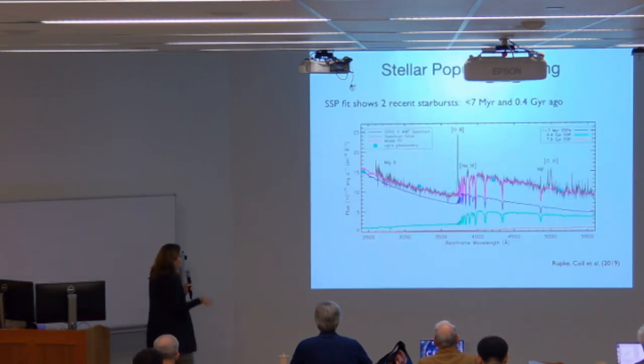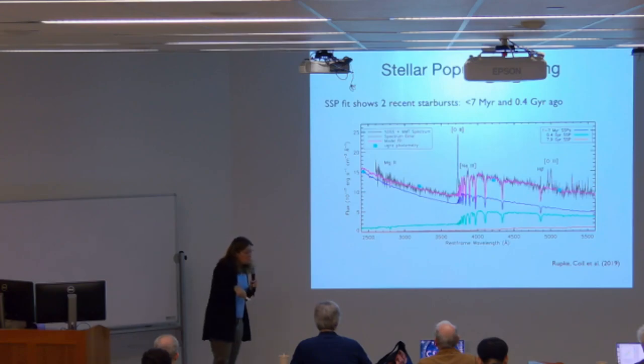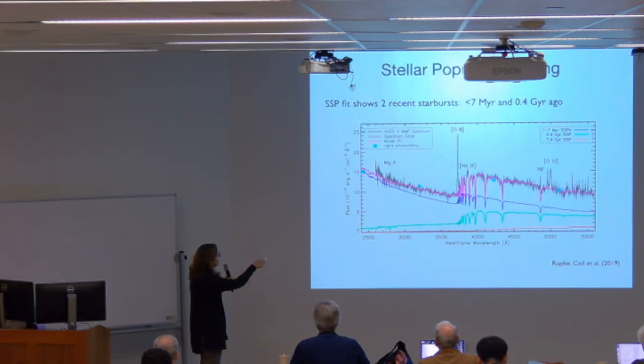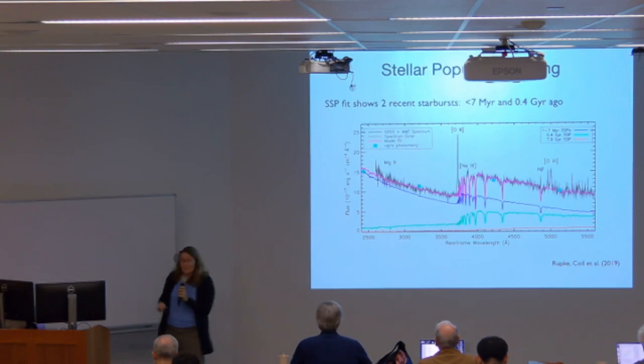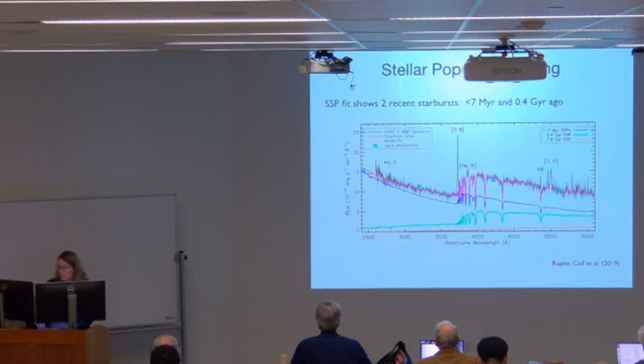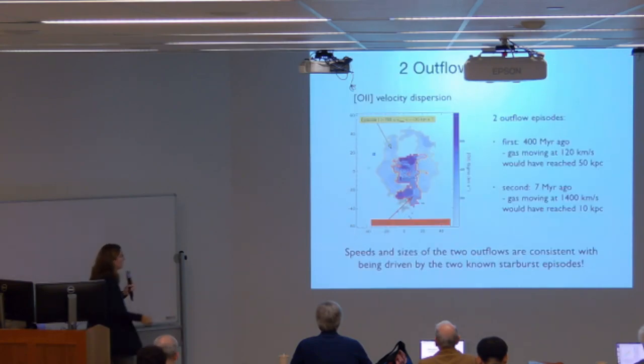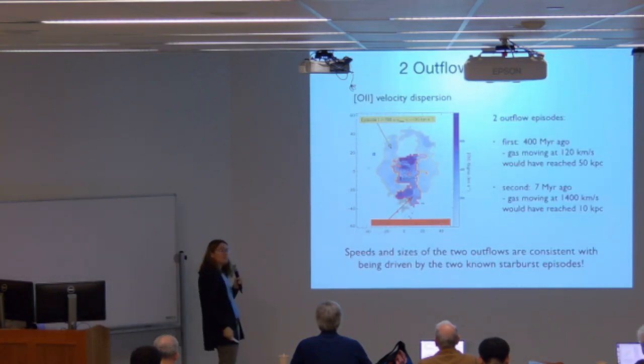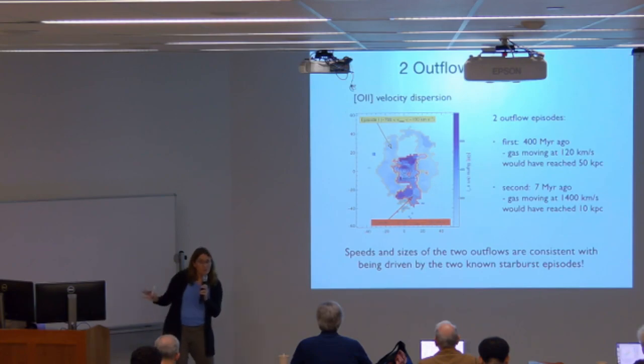If you look at the star formation history of this galaxy, doing SSP fits to the spectrum, you see that there were two recent starbursts: one within the last 7 million years and one about 0.4 gigayears ago. If you take those numbers and match them back to the sizes and speeds of these two outflows, it all works out. So basically there are two outflow episodes.